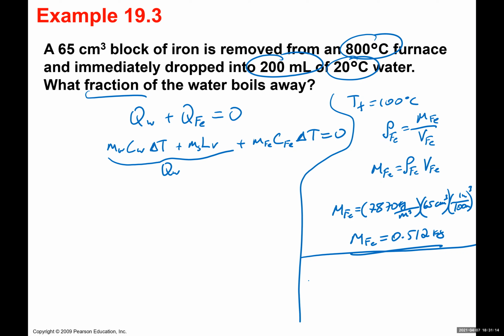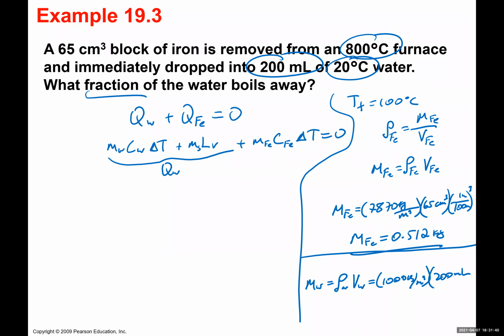So I have mass of water is equal to density of water times the volume of water, because 200 milliliters is just volume, right? So it's 1,000 kilograms per cubic meter, and then we have 200 milliliters.